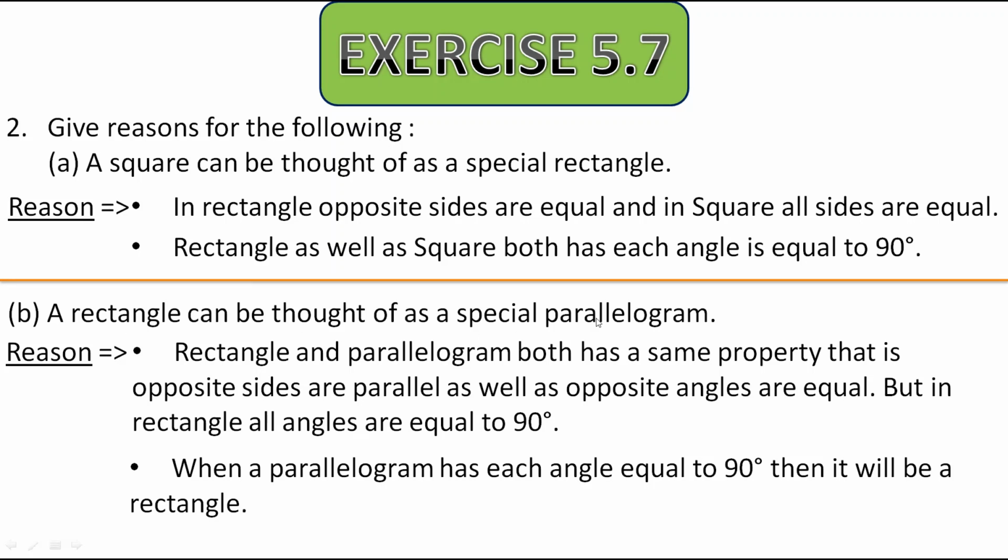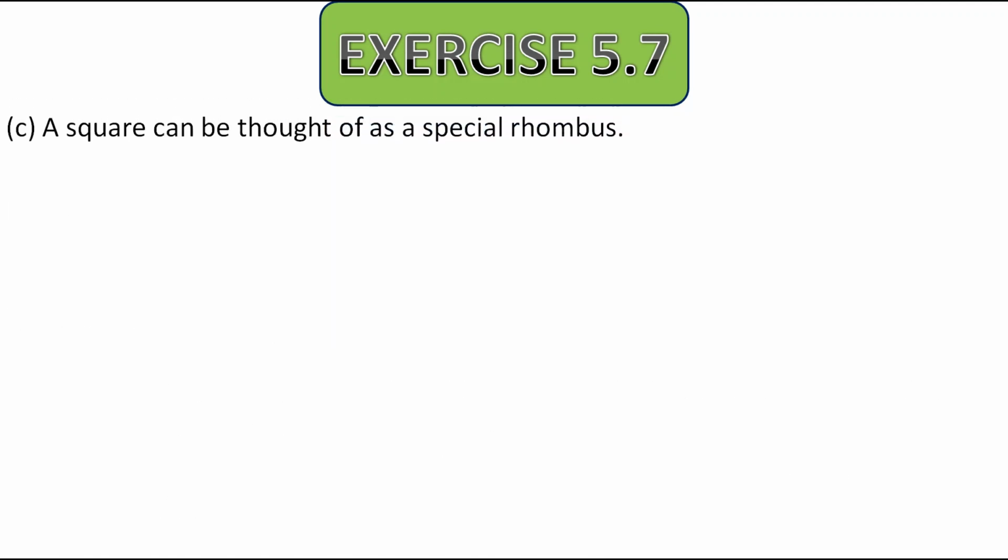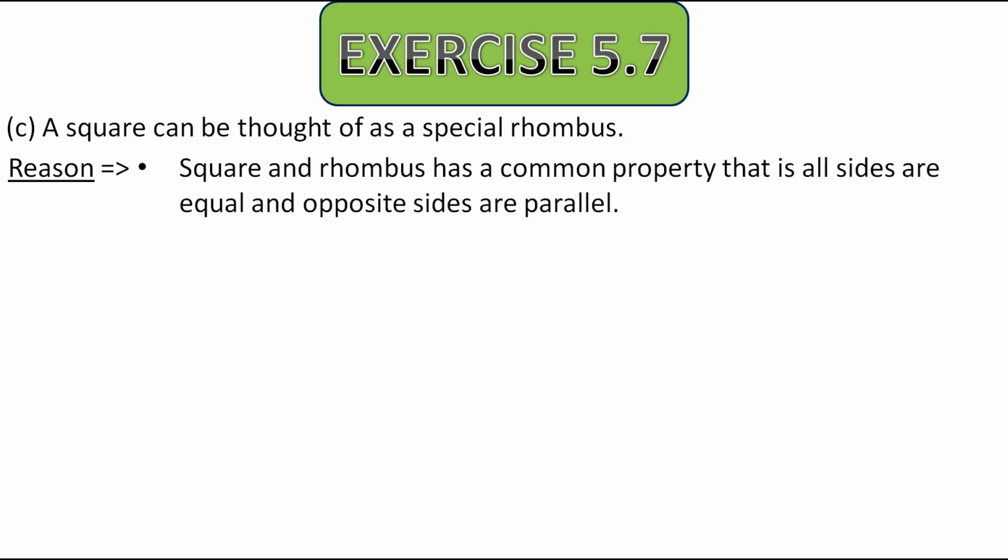Okay. So let's see the third statement. A square can be thought of as a special rhombus. Okay, so for this we have a reason that a square and rhombus have a common property, that is all sides are equal and opposite sides are parallel. Okay.